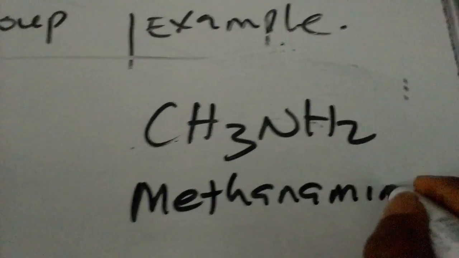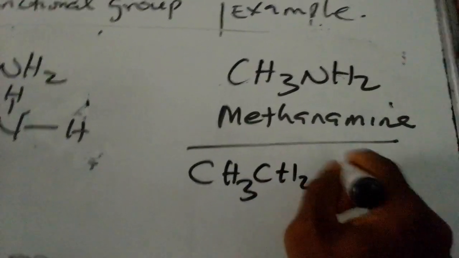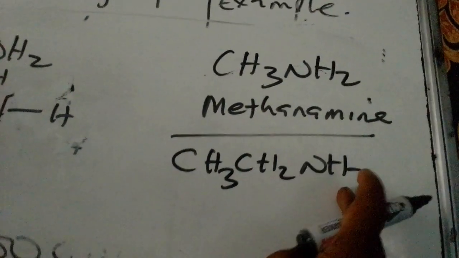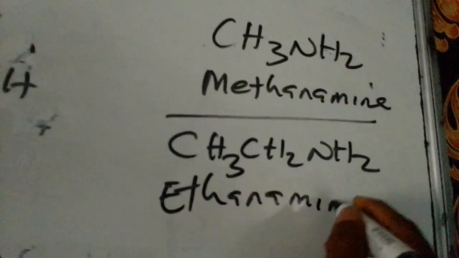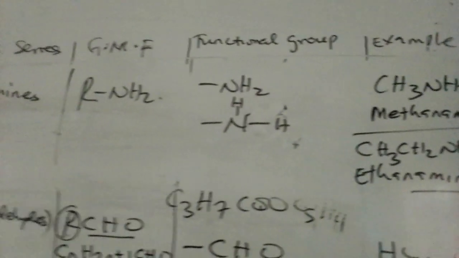methanamine. That's IUPAC nomenclature. Then you have the ethyl group. Ethyl group is this, that is C2H5. This is called ethanamine. So these are the ways of naming primary amines. Although we're going to look at secondary amines.